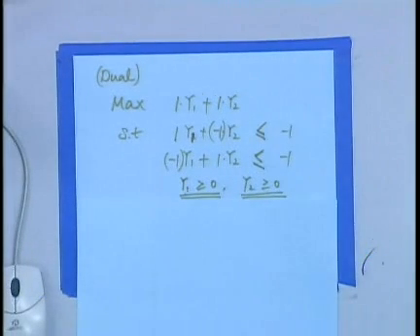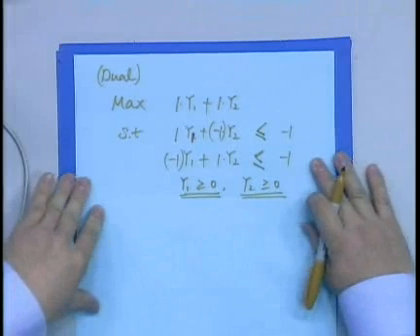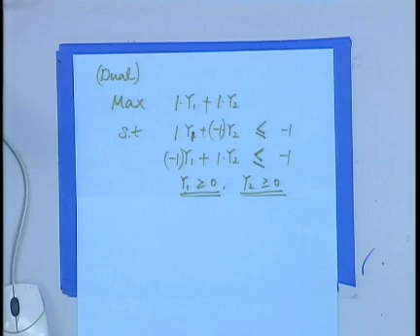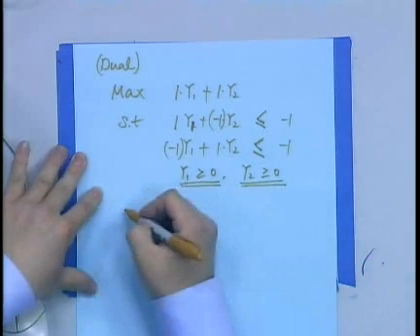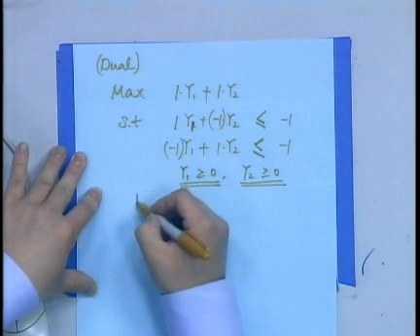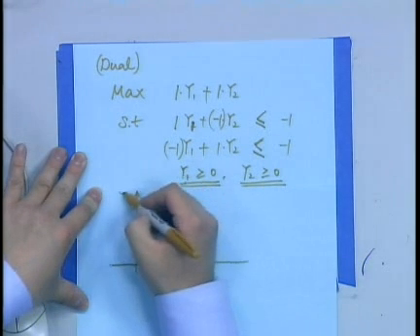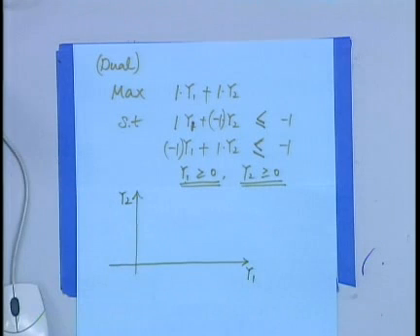Okay, now I'm going to show you that this dual problem is also infeasible using the graphical method. Y2 and Y1, right?